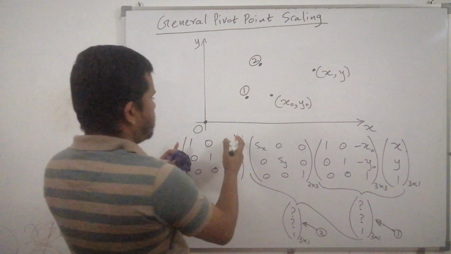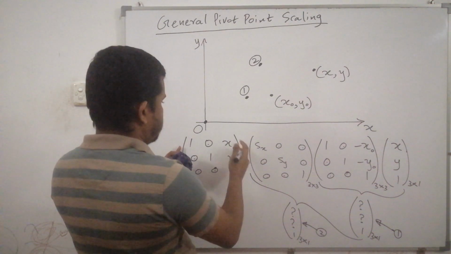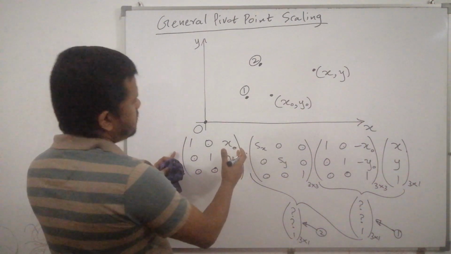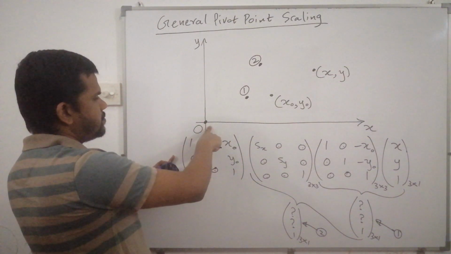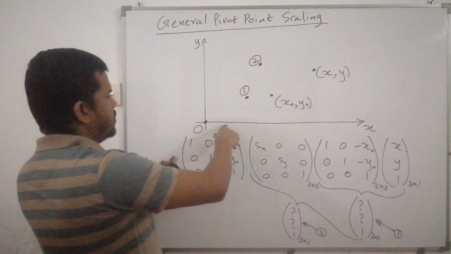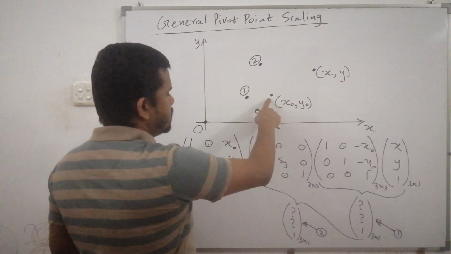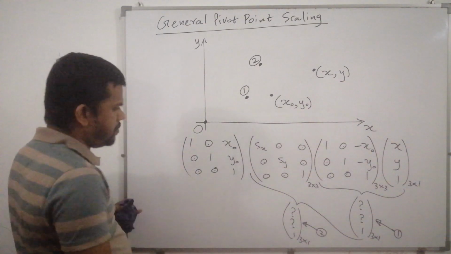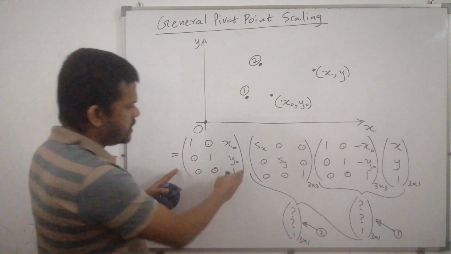If we apply this translation matrix to the origin, it will move to here. Now we are going to apply this to this.